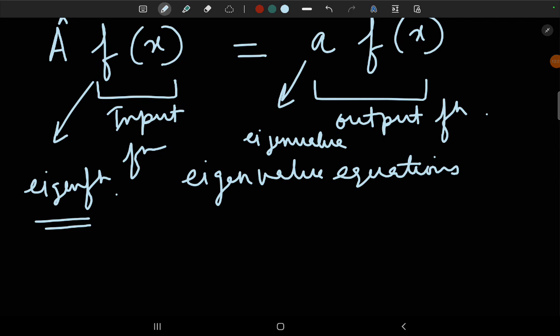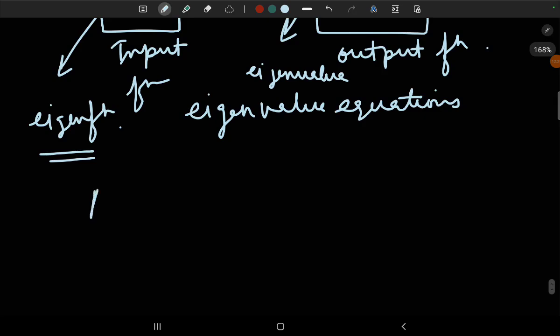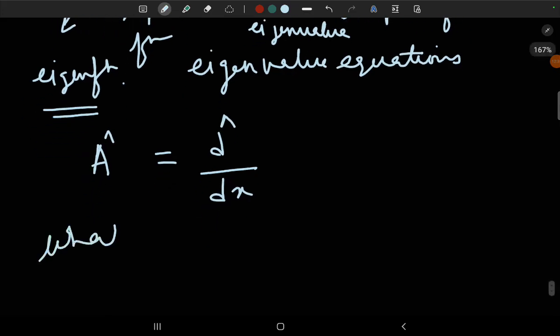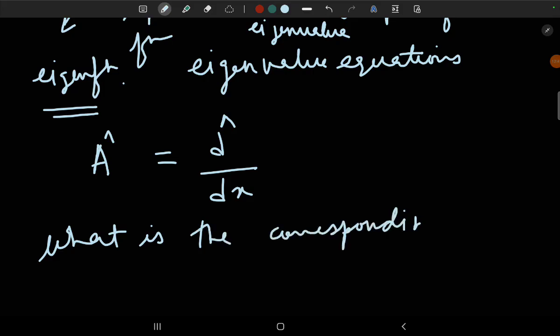Okay. And we will start straight away with an example. If the operator is d dx, the derivative operator, what is the corresponding eigenfunction?